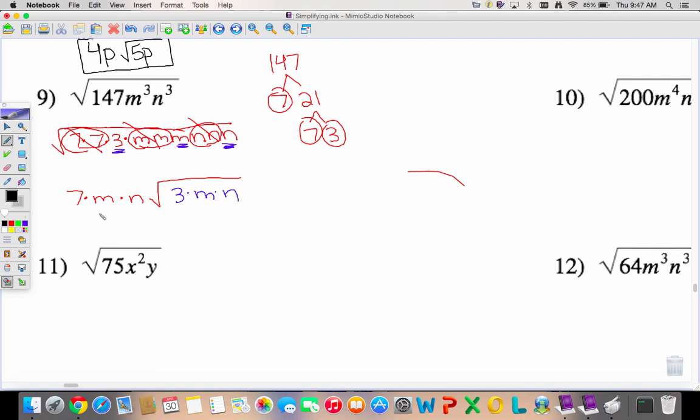We have a 3, we have an m, and we have an n. So I'm just going to write 3mn. Okay, to make this look a lot prettier, we're going to take away the multiplication signs. So here you have 7mn square root of 3mn. And that's your final answer.